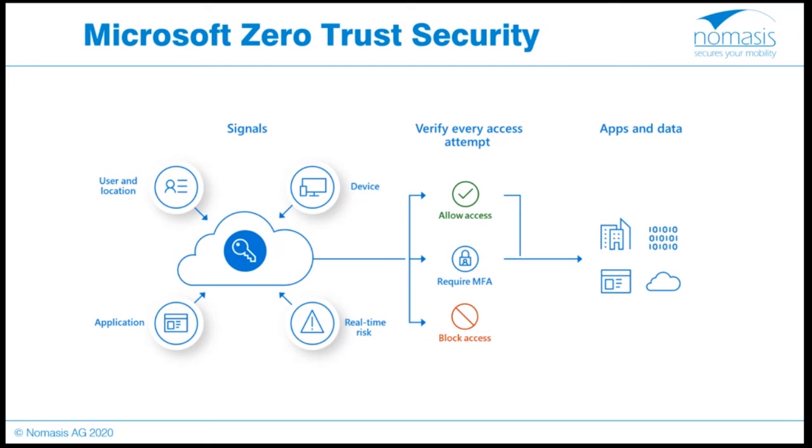Maybe he uses his home computer to access his emails in the company. Then we could say, okay, in that case, you require MFA. And this is basically done for internal users, and for external users, so customers or partners you have. And every time a user accesses an app internally, we evaluate.